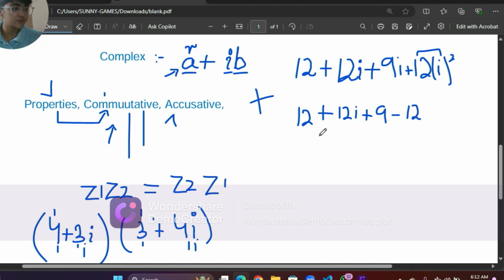That is how simple it is. After this you just have to solve it: 12 and negative 12 give me 0, and the rest gives me 12 iota.